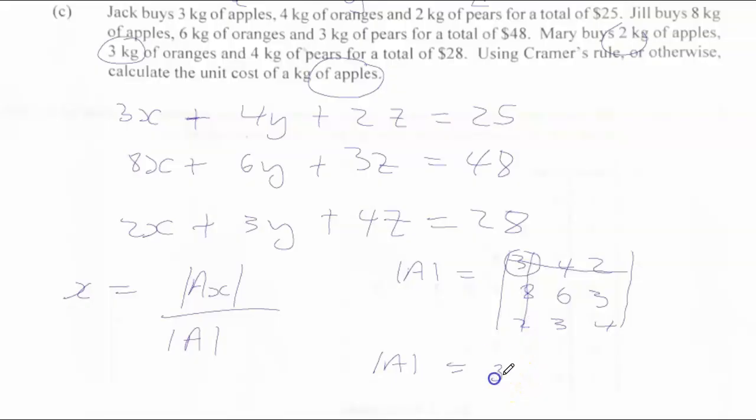So that's 3 times 6, 3, 3, 4, minus, then we take the 4 now, and for the 4 we delete all the elements in the row it's in and all the elements in the column it's in. So we're left with the cofactor of 4, that's 8, 3, 2, 4.